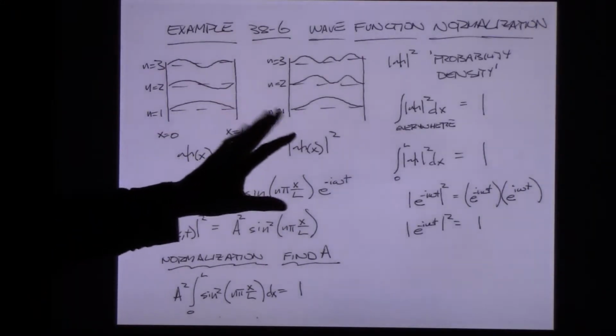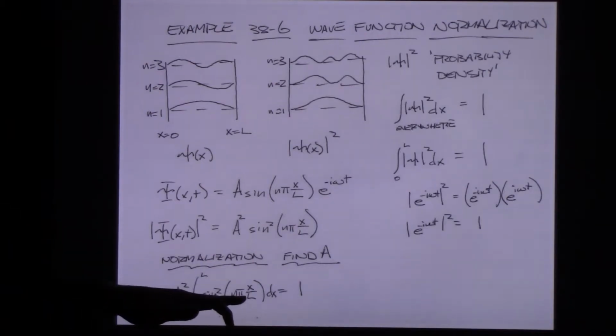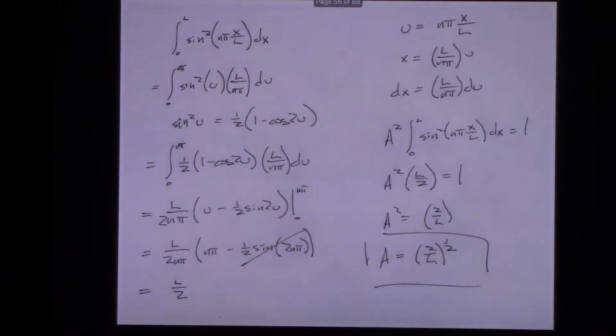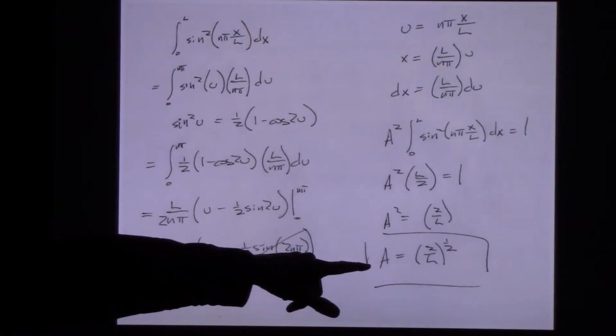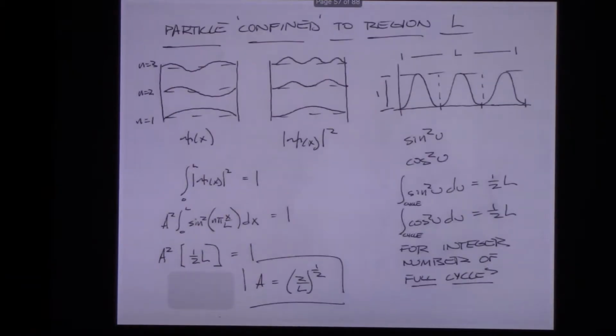So that's what these look like, and we had just carried out an integration, finding out how to normalize these mathematical expressions, and then solved for this normalization constant out front, and shown that to be the square root of 2 over L. So that was the normalization constant.